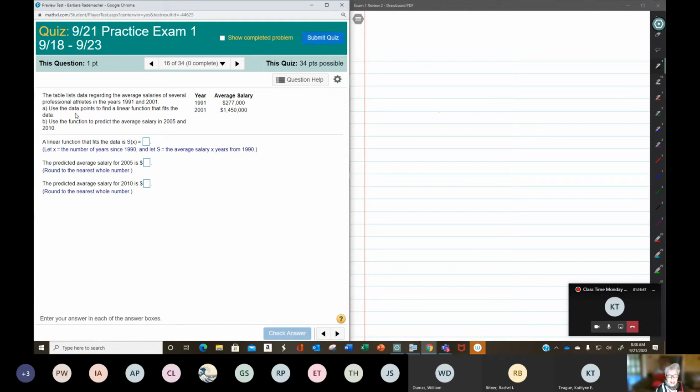Use the data points to find a linear function that fits the data. Okay. Number 16. What do we know first? We know first that the equation has to be in slope-intercept form.